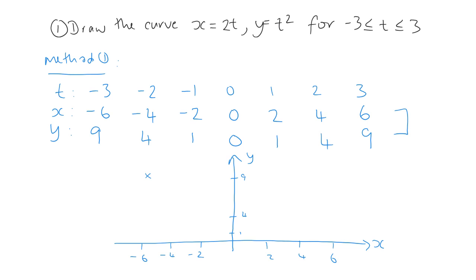When x is minus 4, y is 4. When x is minus 2, it's 1. When x is 0, y is 0. And then up the other side, we get our points and we sketch the curve. And this should be a quadratic, like a nice smooth curve, that you're drawing it like that. Okay, so that's our first method.